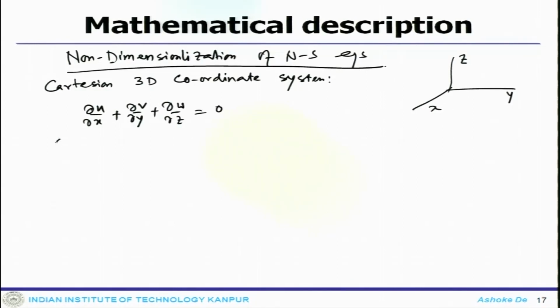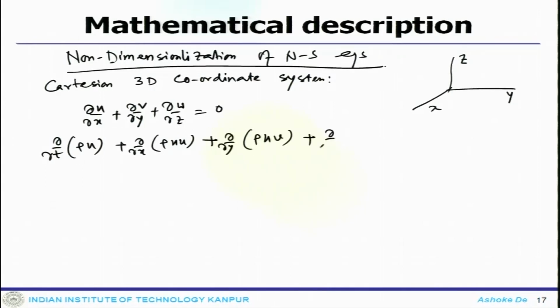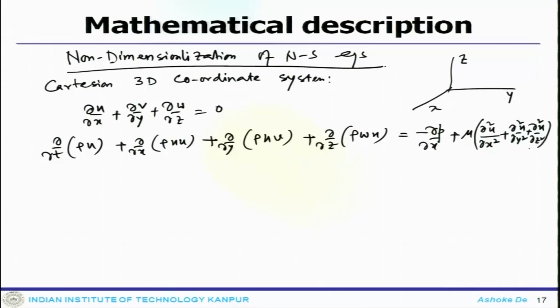okay. Then I have a momentum equation, basically the x momentum equation, del u plus del y plus del del z rho w equals to minus del p del x plus mu times del 2u by del x2 plus del 2u by del y2 plus del 2u by del z2.